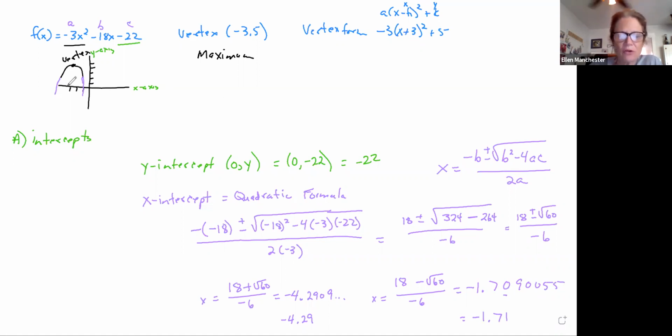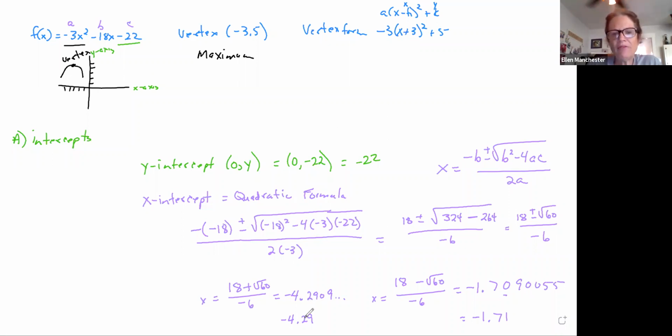So graphing, I have 1, 2, 3, say 4. Let me get my right color here. 4, 5. So we got 1, 2, 3, 4, 5.